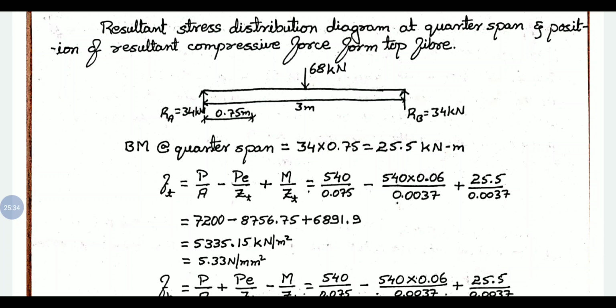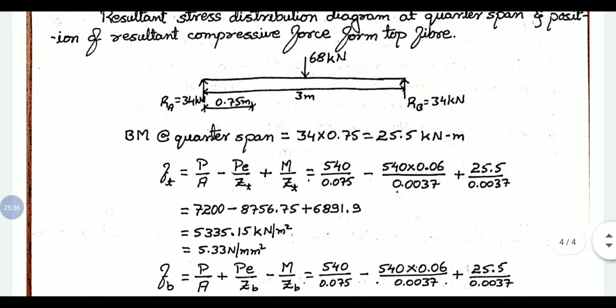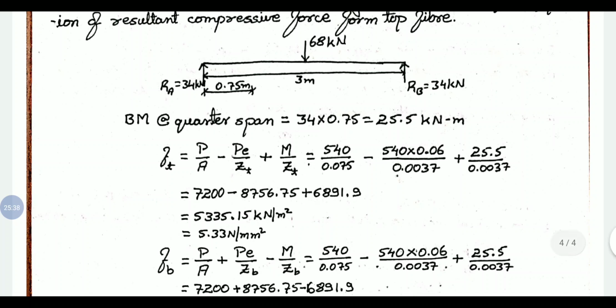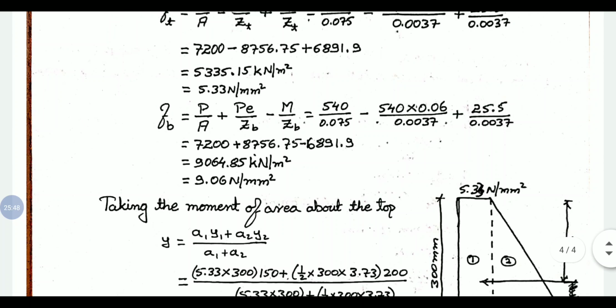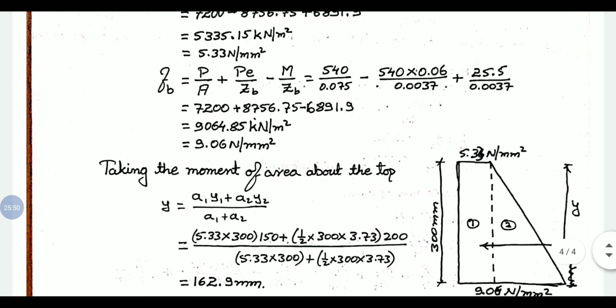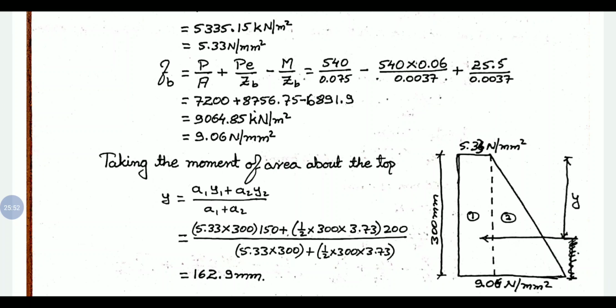We have got 25.5 kilonewton meter. By using that moment we need to find out again the fiber stresses at the top and bottom. Further, again we need to draw the stress distribution diagram. At top fiber we have 5.33 Newton per mm square, and at bottom we have 9.06 Newton per mm square.